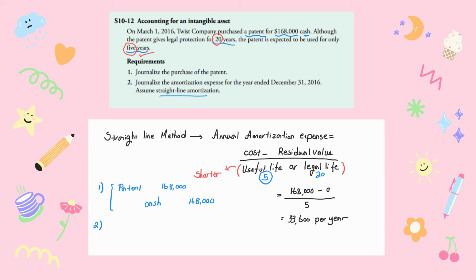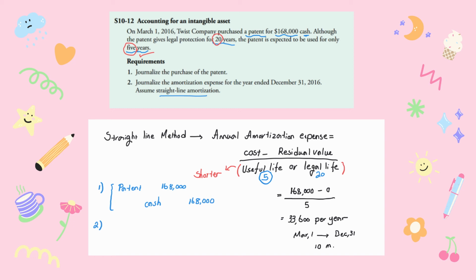Okay, now did we use the patent for 1 year? No, it was purchased on March 1st, and I need to record this adjusting entry on December 31st. So it's a 10-month period. March, April, May, June, July, August, September, October, November, December. 10 months.